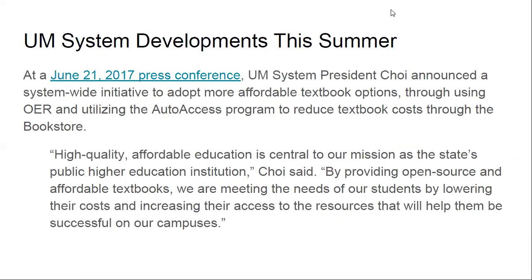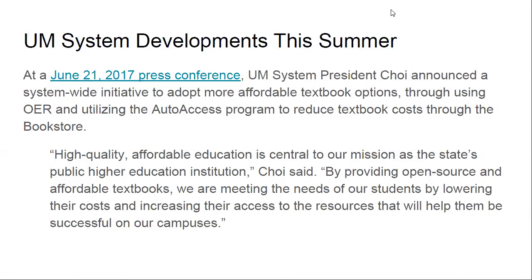And at the University of Connecticut system, he was a part of a big open textbook initiative there. And so at a press conference on June 21st this year at Mizzou, he said that there was going to be a system-wide initiative to adopt more affordable textbook options, utilizing OER.